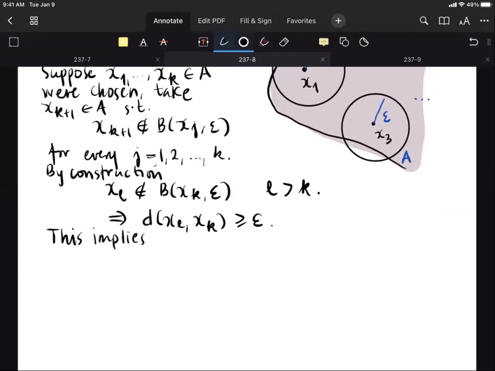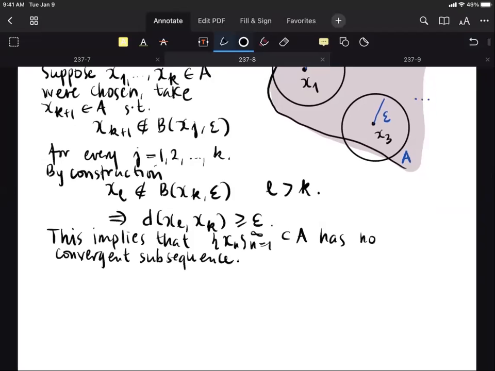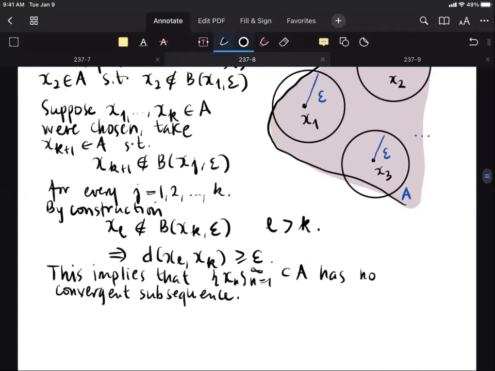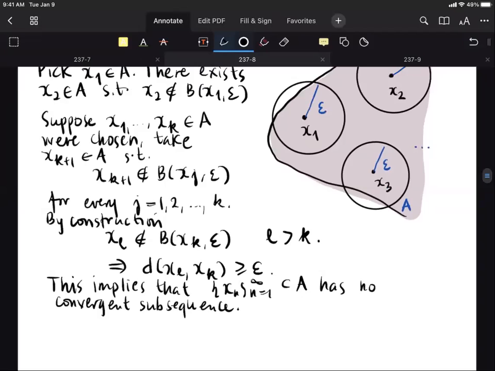So this implies that you cannot have a convergent subsequence of this one. So this has no convergent subsequence due to the fact that the terms of your sequence are not close to each other. More precisely, they are at least epsilon apart.